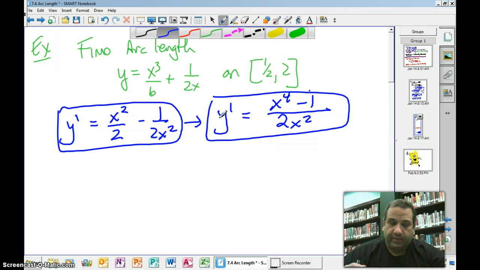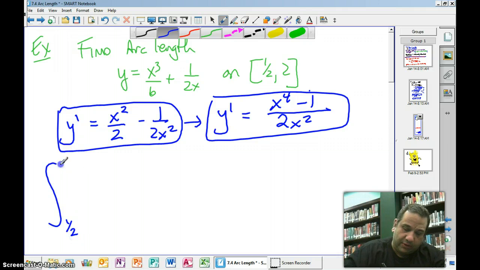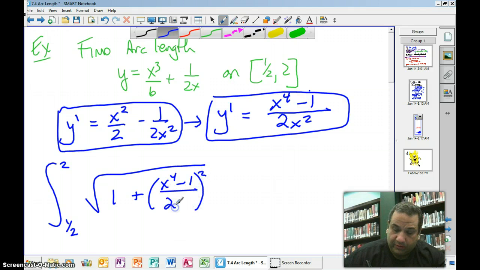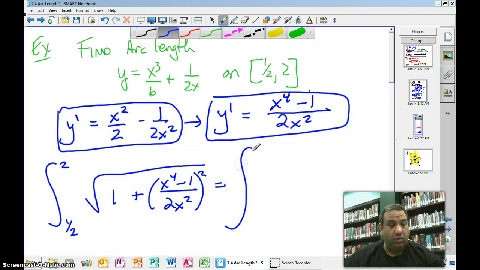Now I'm going to throw it into my formula. My formula says it's from 1/2 to 2, and it's going to be 1 plus the derivative, so it's going to be x to the 4th minus 1 squared all over 2x squared. Okay, that's going to equal, and now I'm just going to roll it.